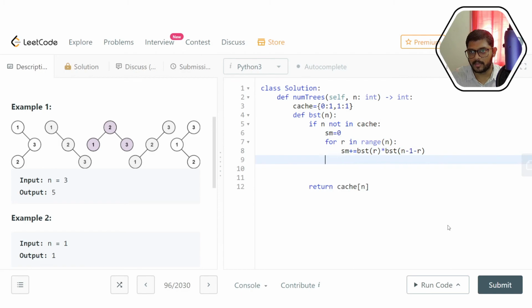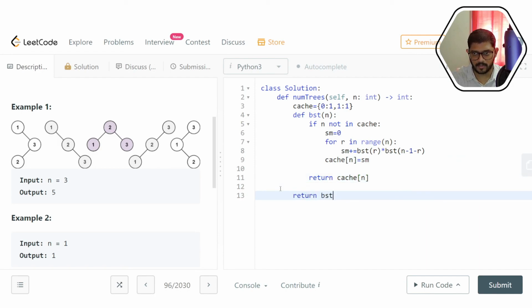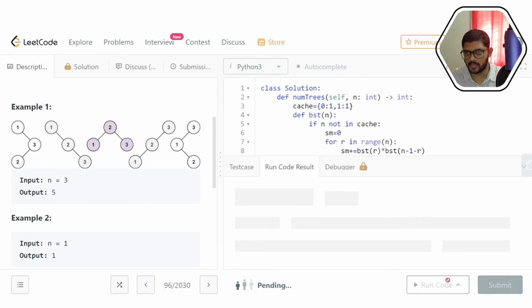Then we are going to store the value: cache of n is the sum. Then we'll return the sum. That's it. Now let's call this function outside of the definition. Return bst of n. Let's dry run this and check if it's working.